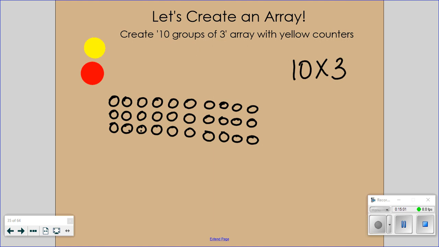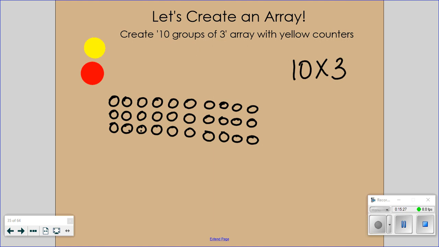I want you to use what you made to figure out 9 groups of 3. So how do you change your array to now show 9 groups of 3? What do you do? You take away the bottom part. Yeah, I'm going to take away a whole group. Does that mean I take away 1 counter?